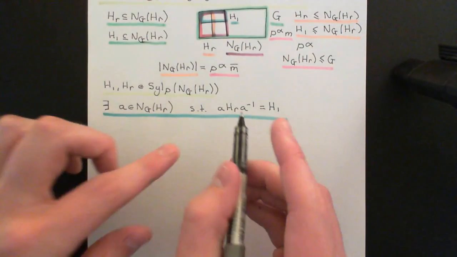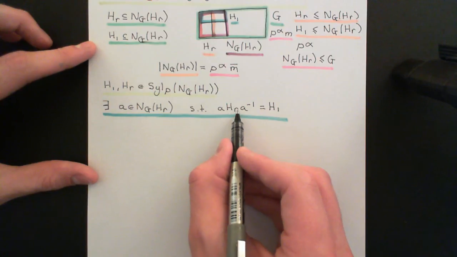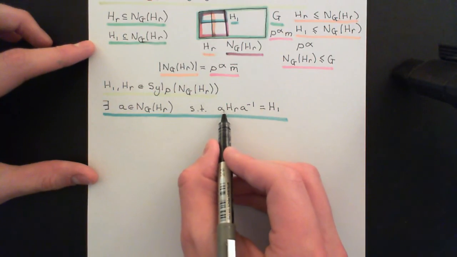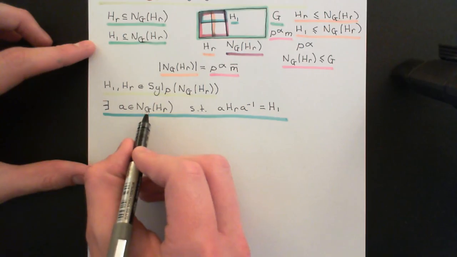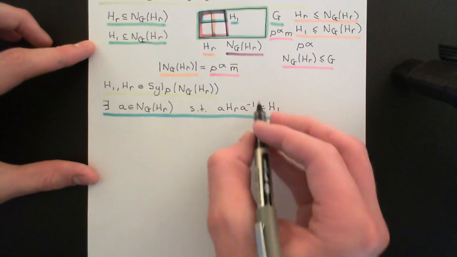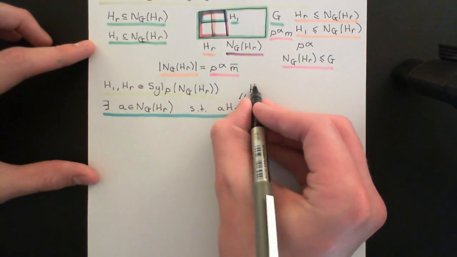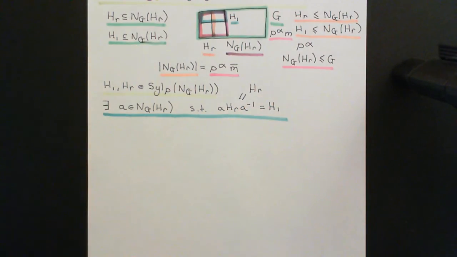So when we conjugate all of the elements of the subgroup capital HR by little a, which is an element of the normalizer of HR in G, we must get elements of capital HR back again. So the answer to this is capital HR. So you can never get it going on to capital H1. So that's a contradiction. That will break the corollary of the second Sylow theorem.